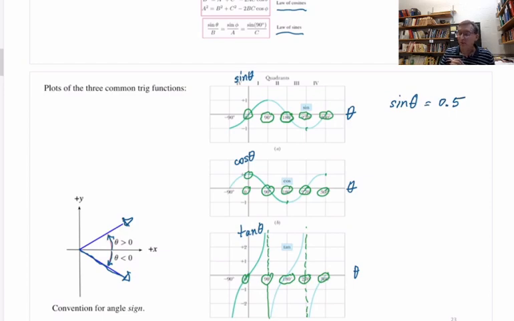In that case, what we're likely to ask is, what's the theta? What is the angle theta if the sine of it is 1/2? The way you answer that mathematically is you do an operation to both sides, namely you take what's called the inverse sine, written like that.